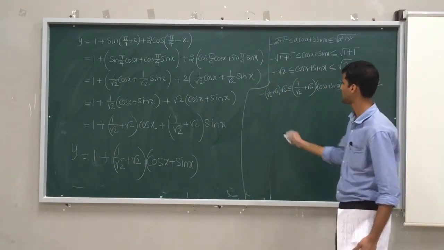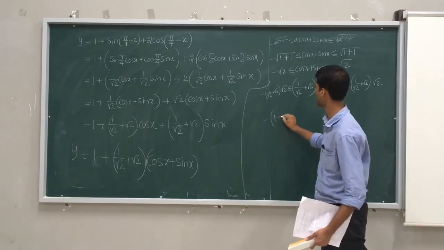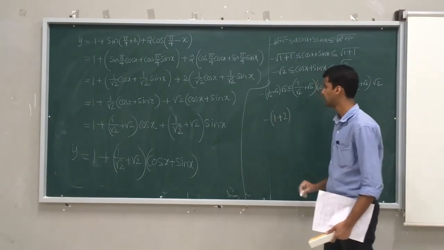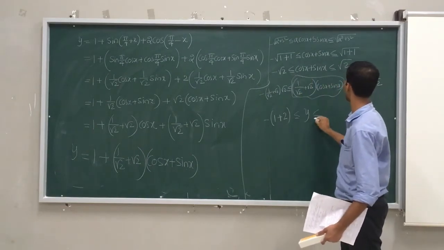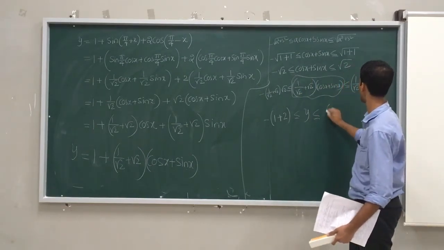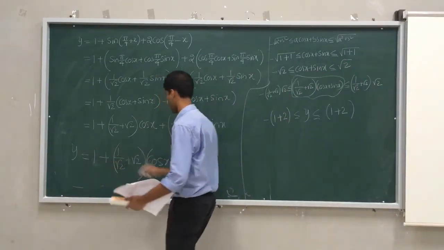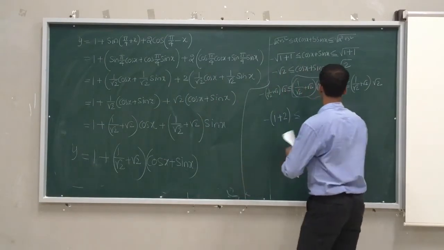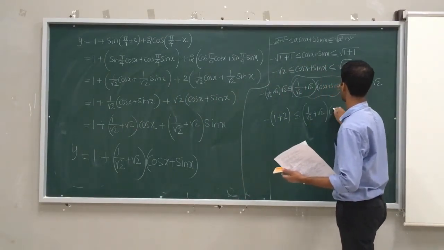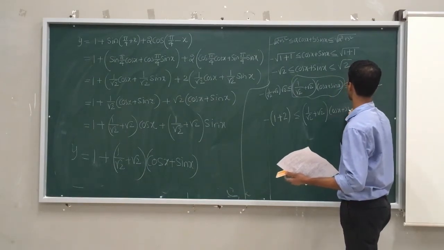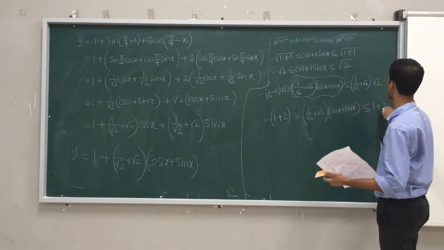When I simplify this expression, root 2 by root 2 is 1, it is 1 plus root 2 into root 2. Less than or equal to root 2 by root 2 is 1, it is 2. But with respect to that expression, sorry, it is not y, it is again 1 by root 2 plus root 2 into cos x plus sin x, less than or equal to 1 plus root 2 into 2.